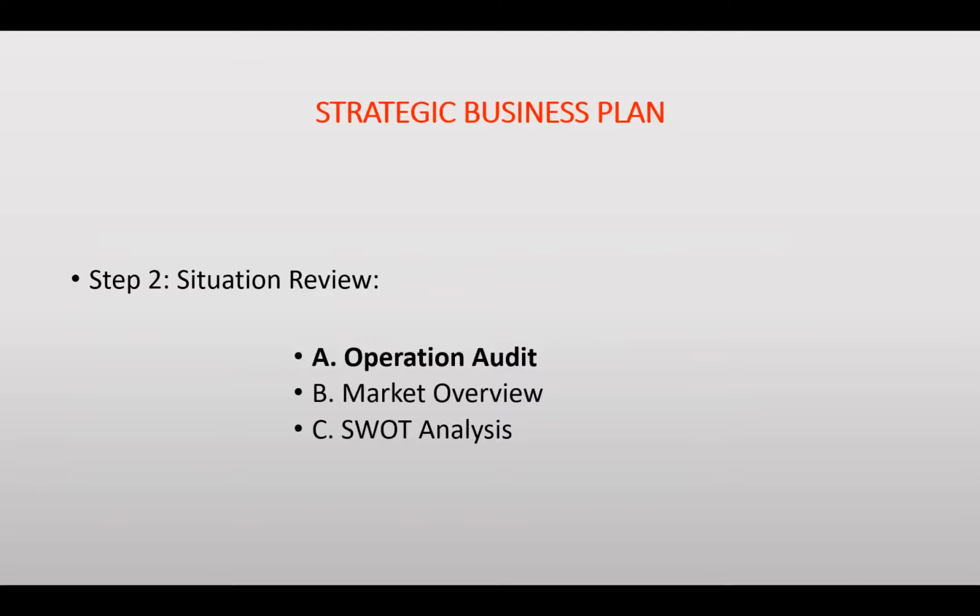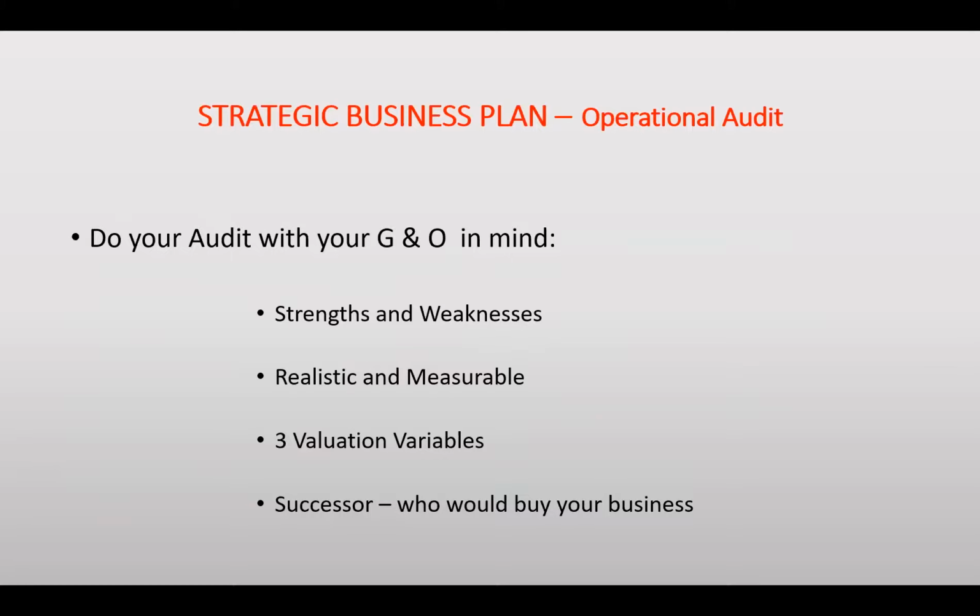The first part of a situation review is an operation audit. It's basically taking an objective look at your own business. Try and identify the strengths and weaknesses. Again, your goals and objectives should be realistic and measurable.